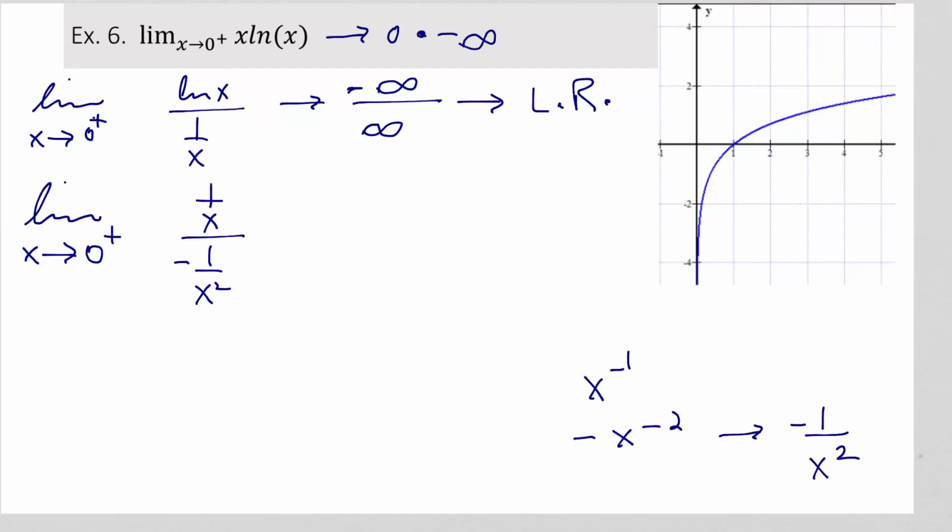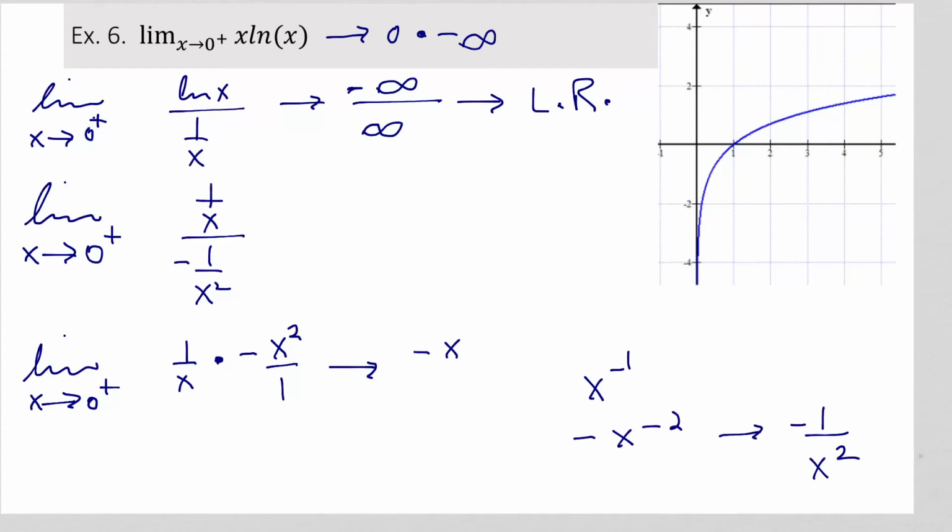So now, if I rewrite that, I've got the limit as x approaches 0 from the positive side of 1 over x. So I flip and multiply. That's times negative x squared over 1. That's equivalent. So that can be reduced to negative x over 1.